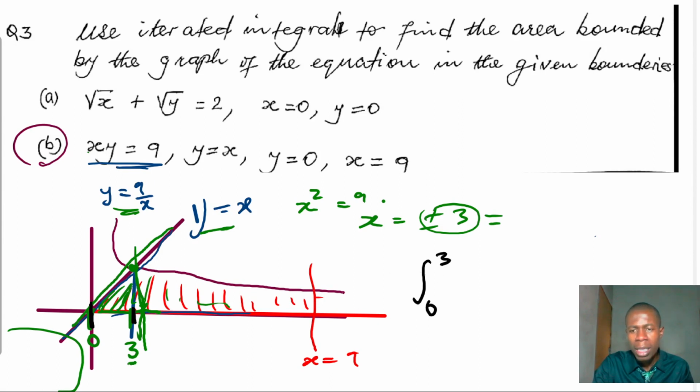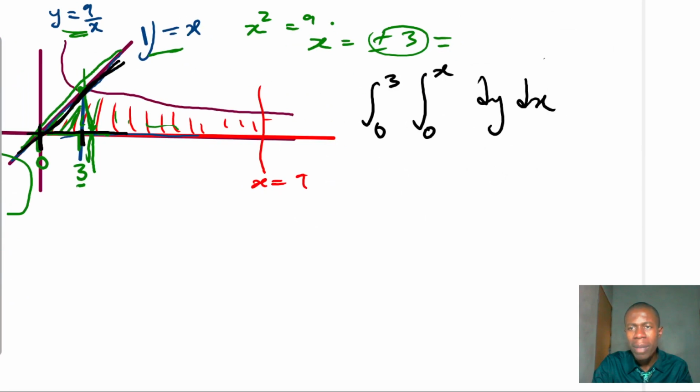Then y is starting at 0, so the lower boundary is 0, and the upper boundary is this one, which is x. So we're going to have dy, then the x.